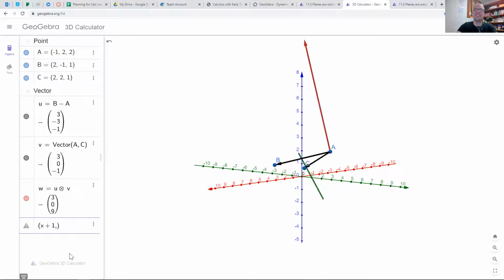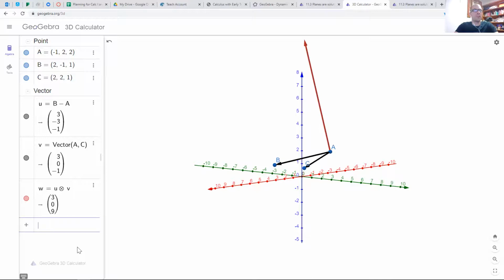And it's going to fail horribly. Y -2 and z -2 again. Oh, see, GeoGebra doesn't like that at all. I'd love to be able to do that. It just doesn't work.